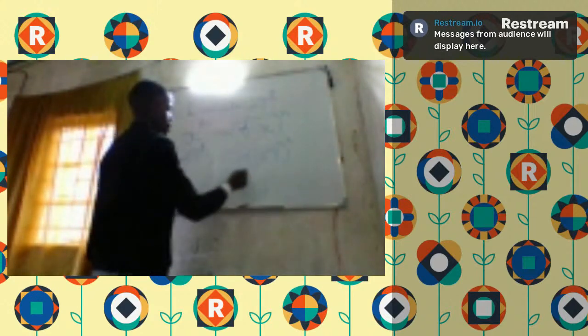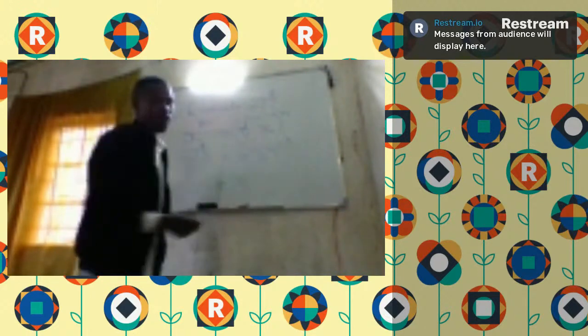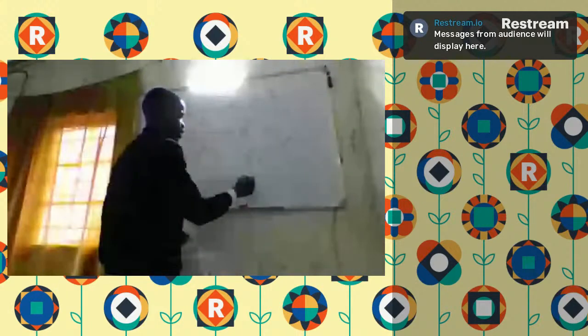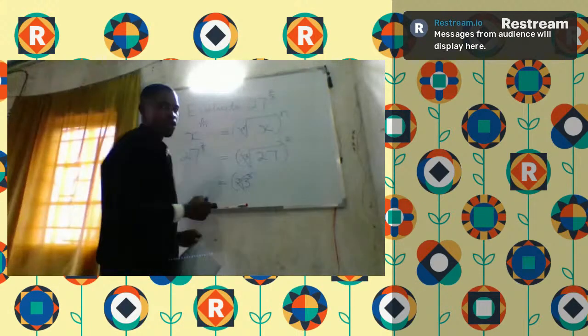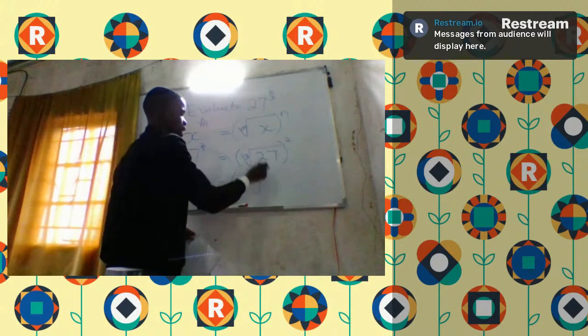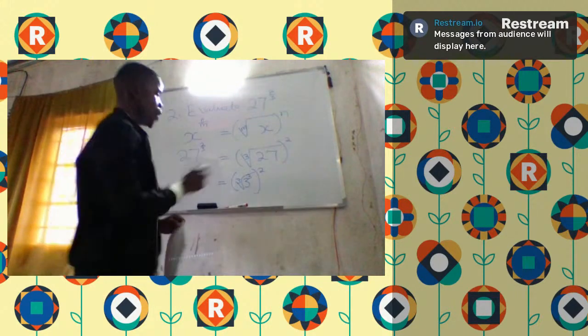The other way you can do this one is, we know that 27 is the same as 3 multiplied by itself 3 times. In other words, 3 cubed, or 3 to the power 3. Then raised to the power 2. So what is that?